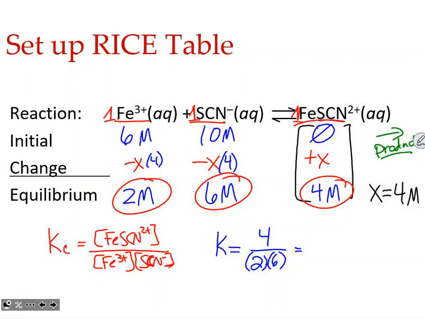Now this is where we go back to our problem and look at everything is in 3 significant figures, right? So we're going to make it 0.333. Okay? Good to go with that? So far, so good. That's one type of problem they could give you, where you have to find K. This is the type of problem where you find K. Sound good? All right.